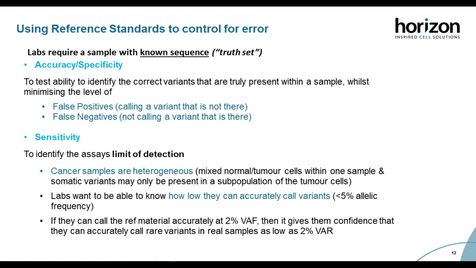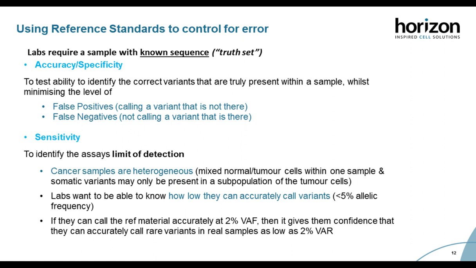When using a reference standard to control for error, labs require a sample with known sequence, and this can be termed in the field as a truth set. Looking at accuracy, specificity, and sensitivity in a little more detail, it's important to test the ability to identify the correct variants that are truly present within a sample, whilst minimizing the level of both false positives and false negatives.